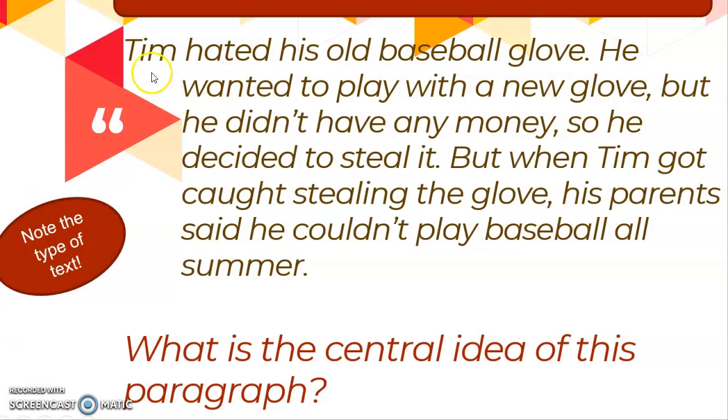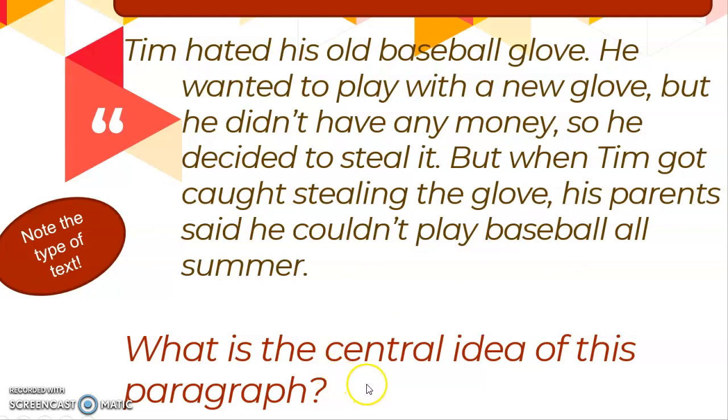I'm going to go ahead and read this and then think about the type of text this is. It says Tim hated his old baseball glove. He wanted to play with a new glove, but he didn't have any money, so he decided to steal it. But when Tim got caught stealing the glove, his parents said he couldn't play baseball all summer.